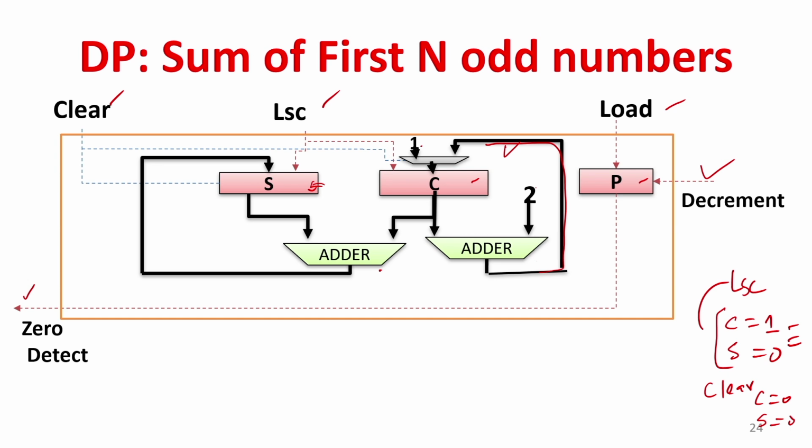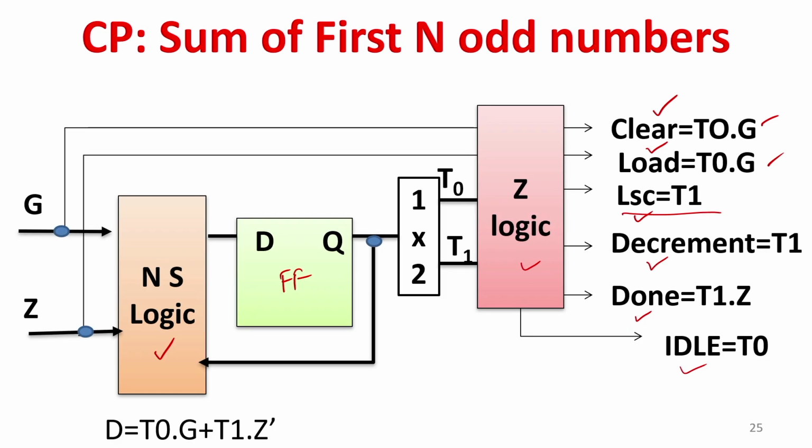Value will not enter the register unless it is loaded to S and C. And when we want to load every cycle, whenever go is equal to 1, whenever you start the computation, at that time it needs to be loaded, load N S and C. Load means this is T0 and G. So, whenever T0 is G, then load will be generated and clear will be generated.